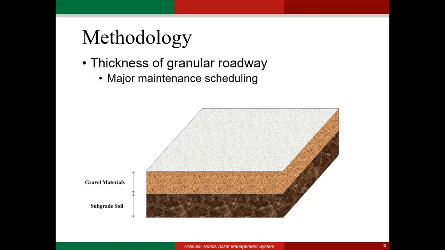One of the major factors in granular roadway maintenance scheduling is the existing thickness of the granular roadway. Therefore, we developed our Graham's methodology and correlated the existing granular roadway thickness with its reliability.